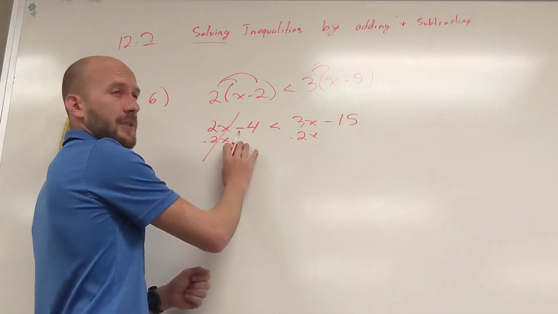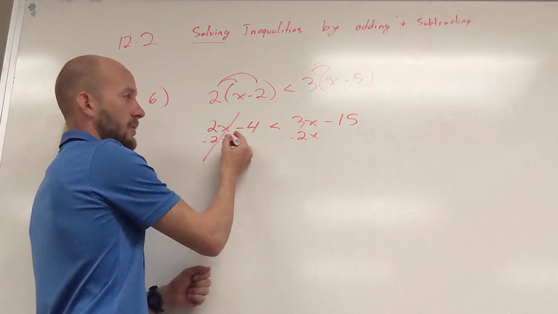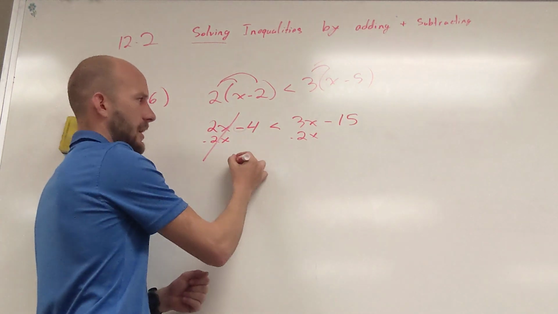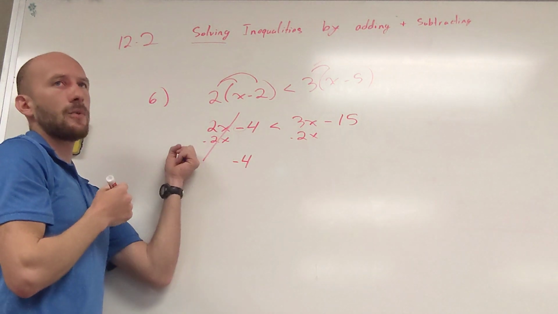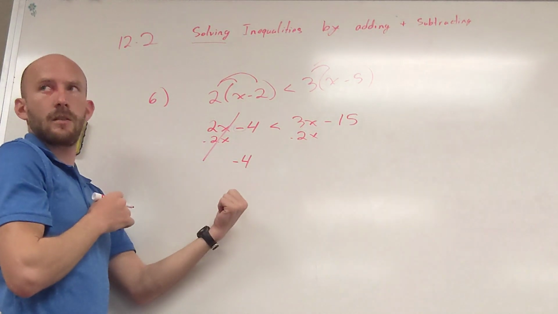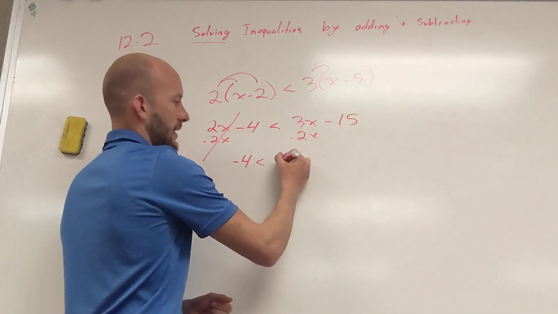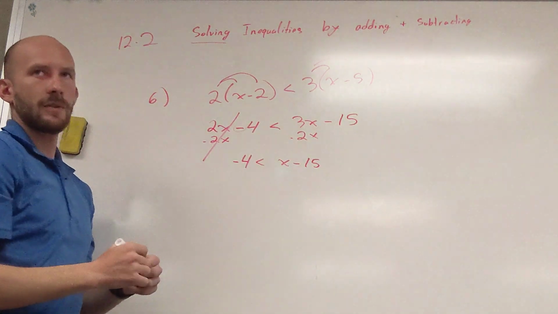Now, something else to pay attention to here, even though I canceled the 2x out, don't lose that minus sign. It's going to come down as a negative. It's like you have 0 here minus 4 is -4. And then that's just a 1x minus 15.